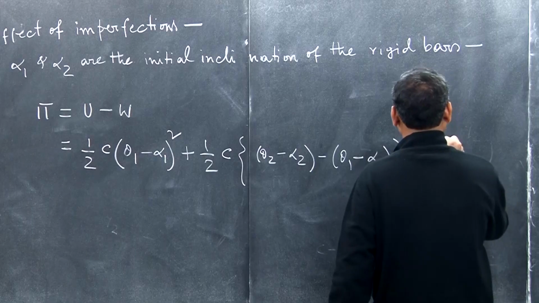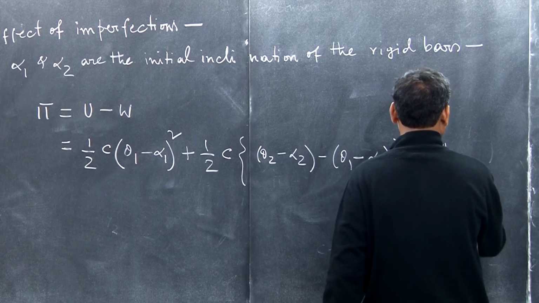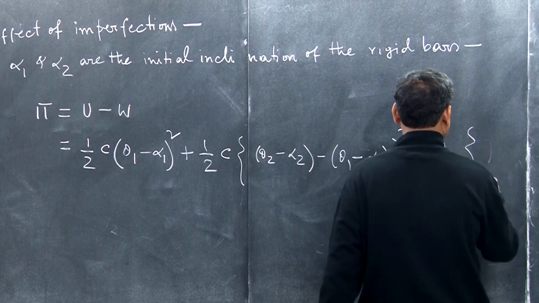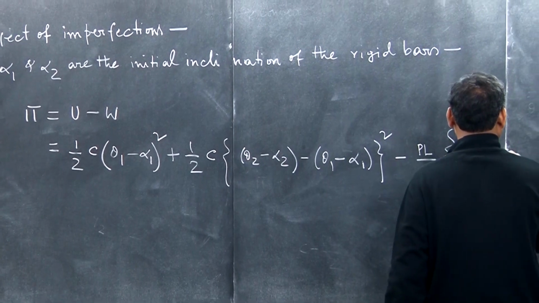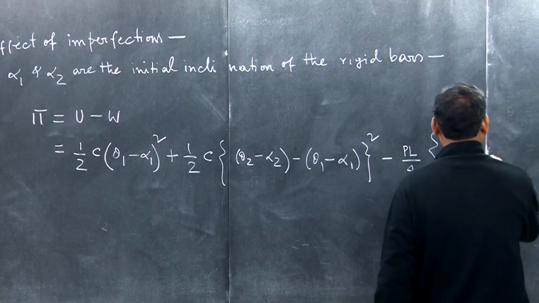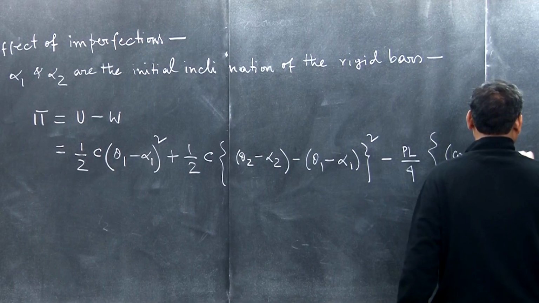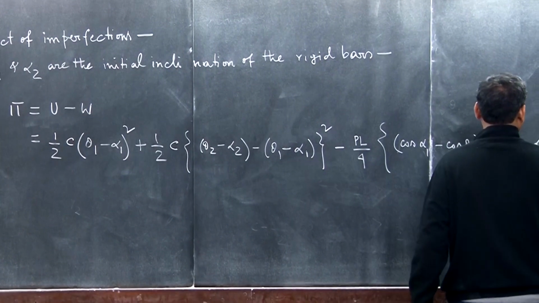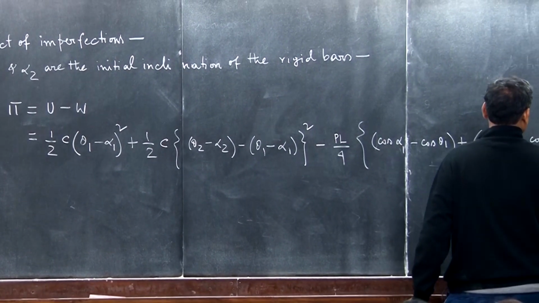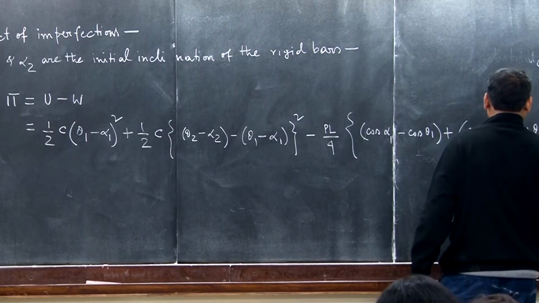The work done is PL by 4 times cosine alpha 1 minus cosine theta 1 plus cosine alpha 2 minus cosine theta 2. You understand why it is so, right?